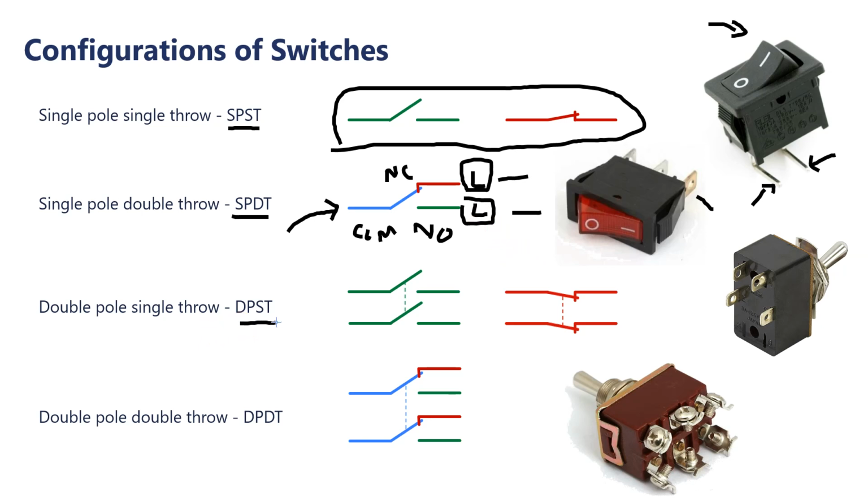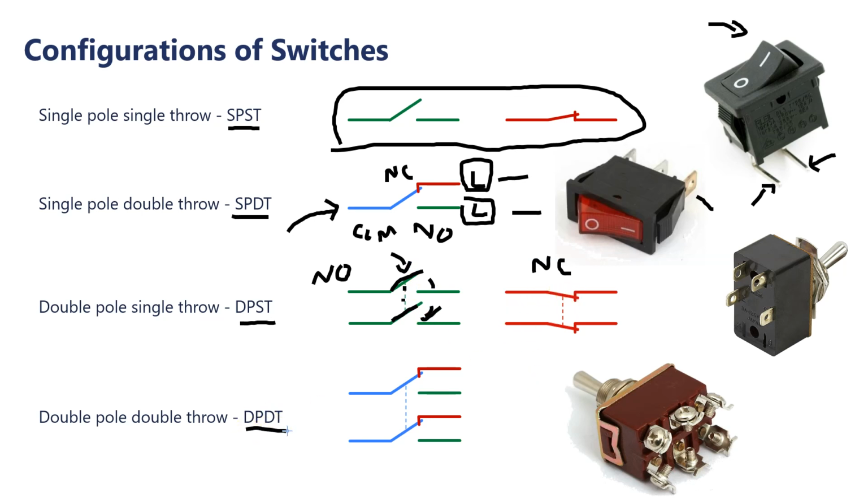Next we have DPST, double pole single throw. This is the NO configuration of DPST, and this is the NC configuration of DPST. As you can see, the contacts of the switches are coupled together, so that when you force the condition on the switches, they will both move together. Similar with the NC.